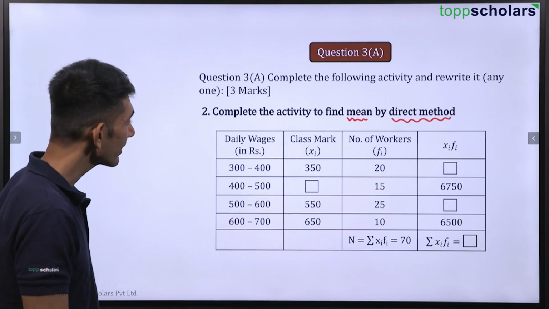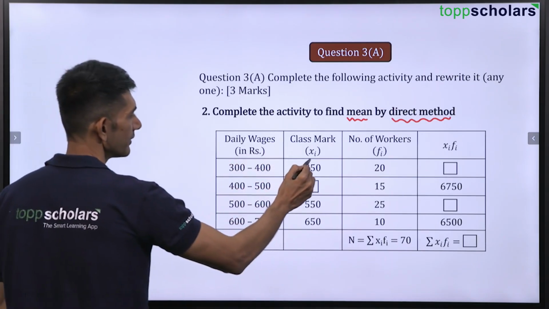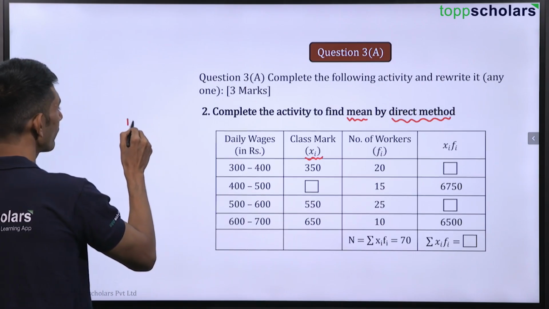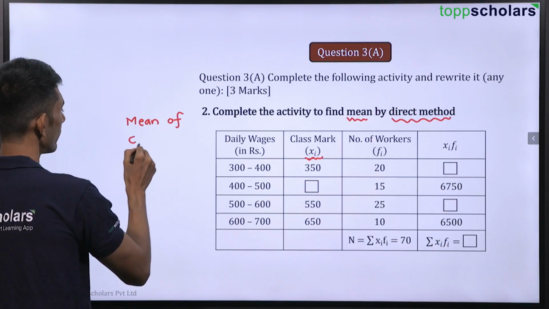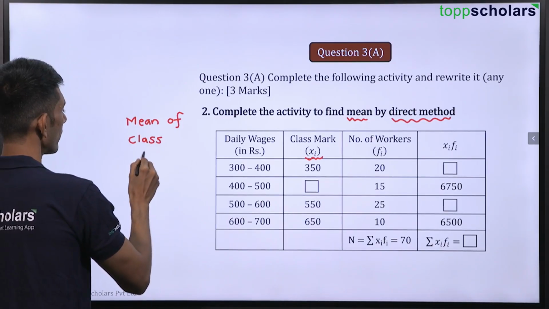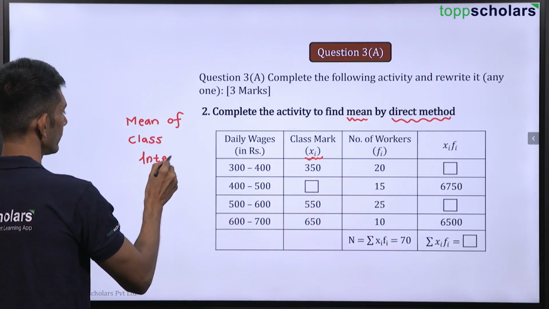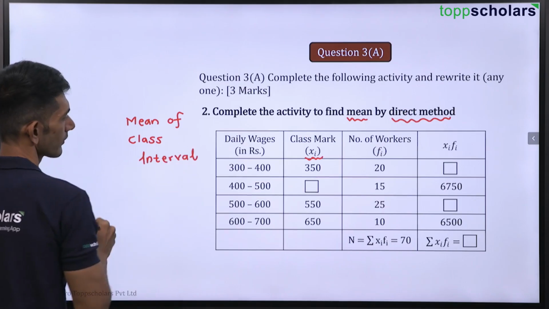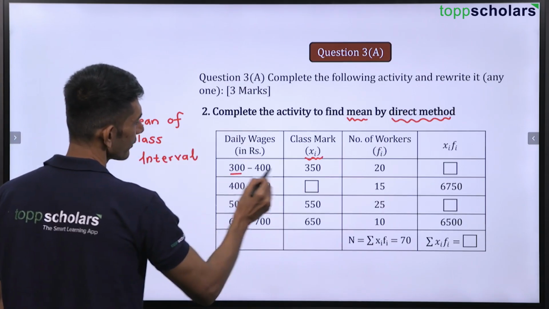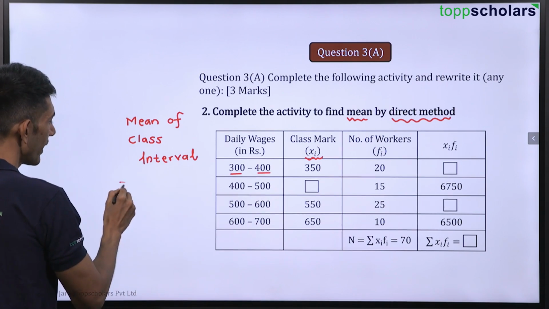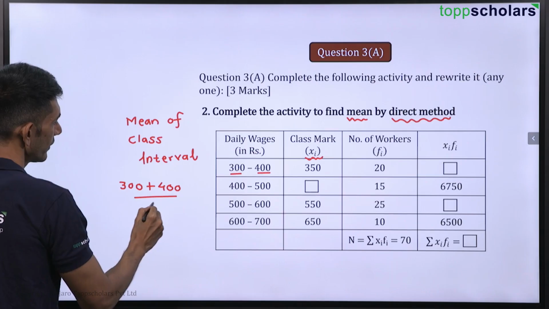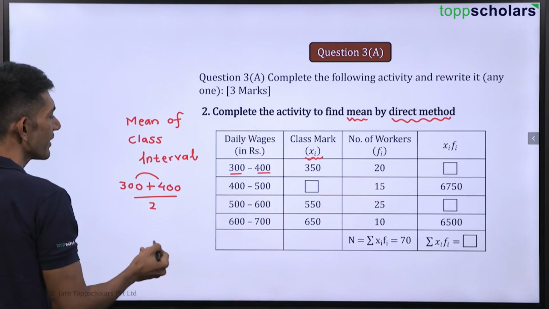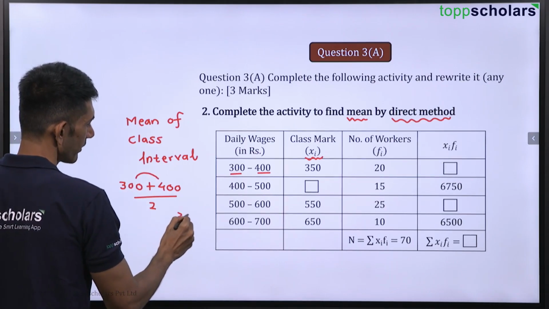Firstly, we are supposed to find out the class mark. What is class mark? This xi is the mean of the class interval. Now this is 300, this is 400. So what is the mid value? Mid value is 300 plus 400 divided by 2. That is 700 divided by 2, that is 350.